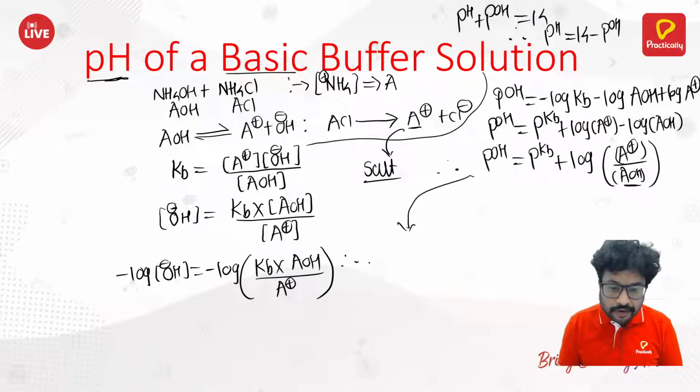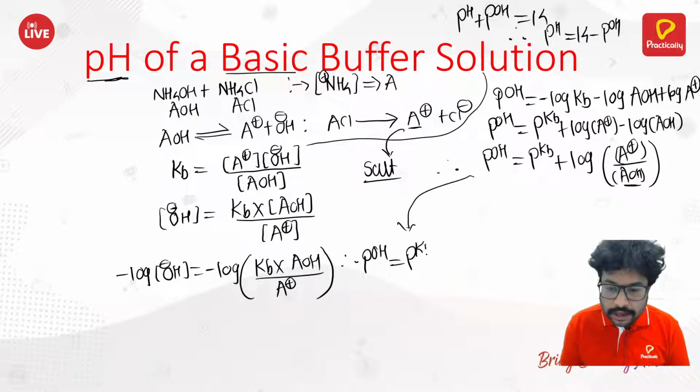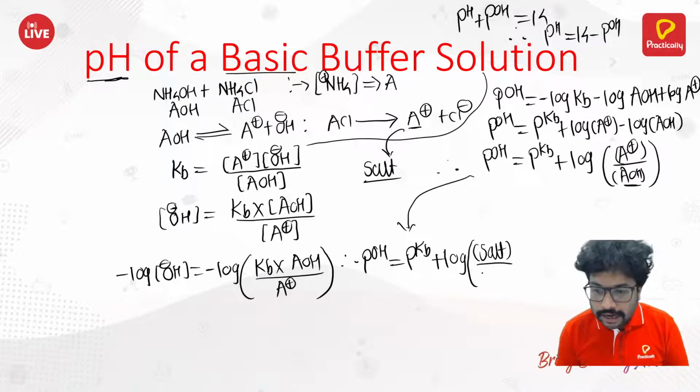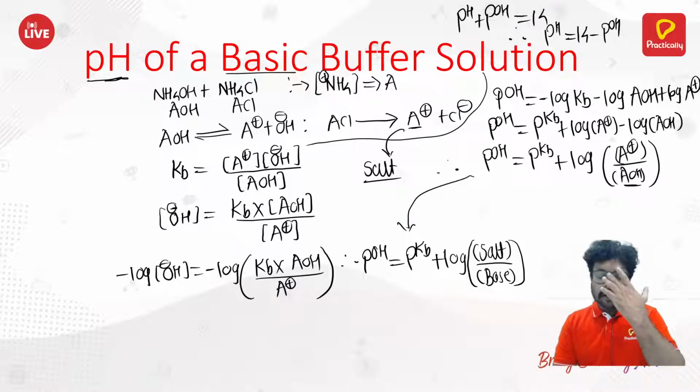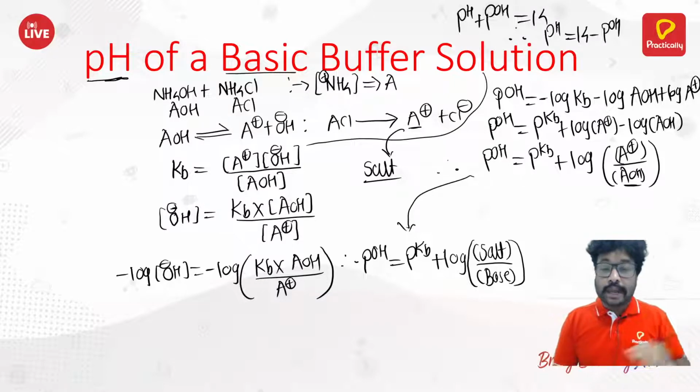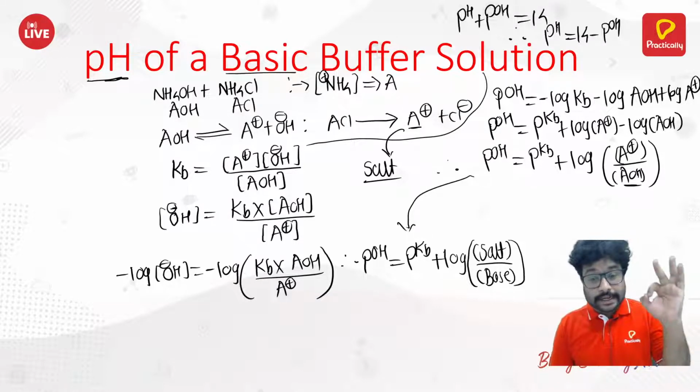And therefore pOH is equal to pKb plus log of concentration of salt divided by concentration of base. It is just like the pH calculation of an acidic buffer, no difference, exactly the same.